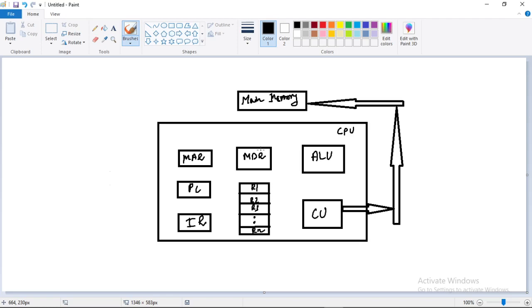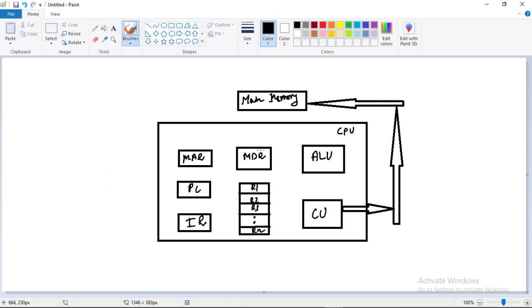Okay. Now what happens whenever we are dealing with registers, whenever we are storing the instruction and the data inside the register? Registers are part of the CPU. You know that registers are memory units. Registers are the memory present inside the CPU, inside the CPU IC or integrated circuit, inside the CPU chip.